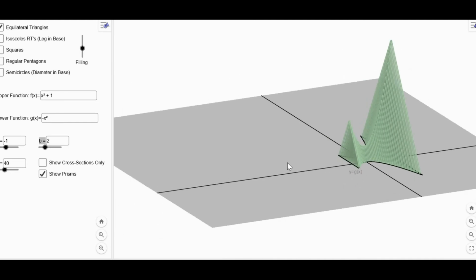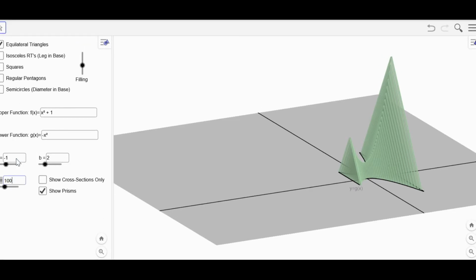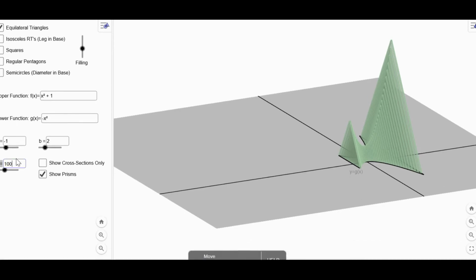And if I do this a whole bunch, let's see, maybe 100 here, it'll start to look like the actual shape. So you can see the limit process going on here as we apply these Riemann sums. We slice our little volumes of prisms, and now we get a shape there.